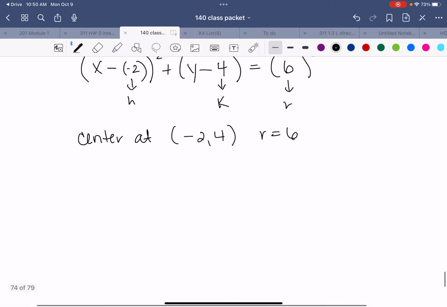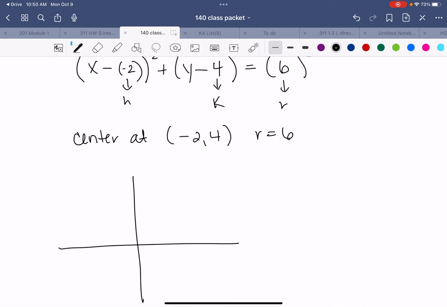So if I want to sketch that graph, I find negative 2, 4, and a radius of 6. So 1, 2, 3, 4, 5, 6. So here's a point on my graph. Here's a point on my graph. 1, 2, 3, 4, 5, 6 over here. 2, 3, 4, 5, 6 over here.